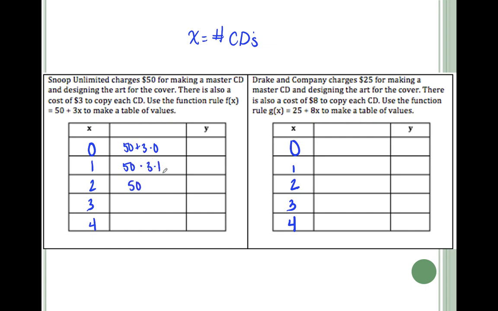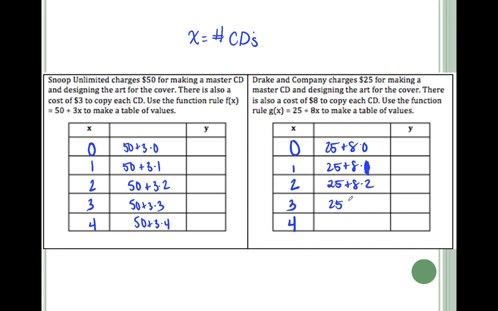So if you take some time to fill in based on each individual scenario's equation, we have on the left, 50 plus 3x, and on the right, we have 25 plus 8x. So if I evaluate each of these, I'm going too fast and making mistakes.